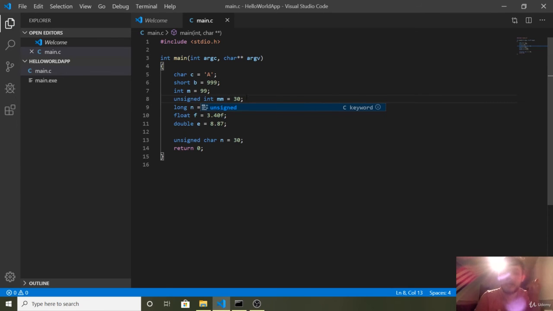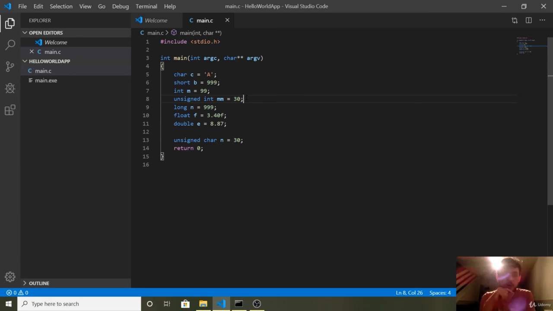You can't go negative. If you try to go negative on an unsigned integer or an unsigned anything, it'll loop back around. So essentially it will become the highest number possible for that data type. And that's what happens when you exceed the maximum boundaries in C. They loop back around.